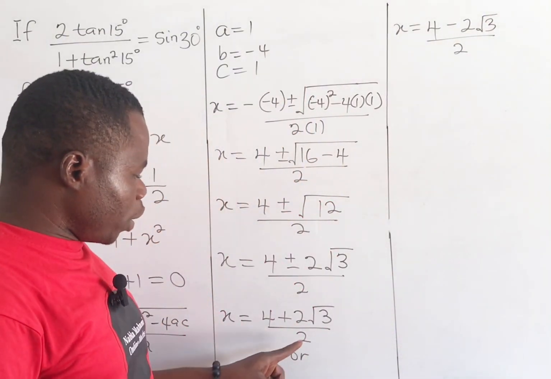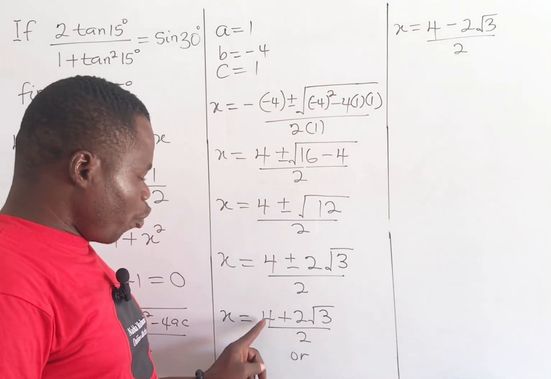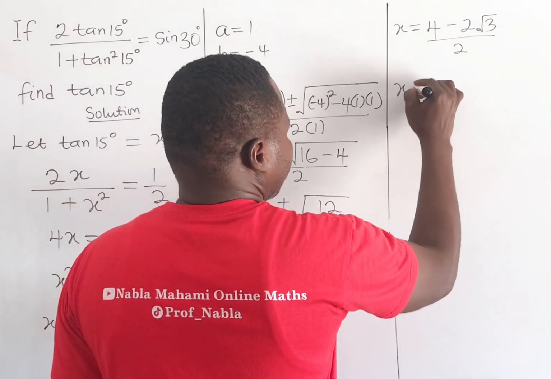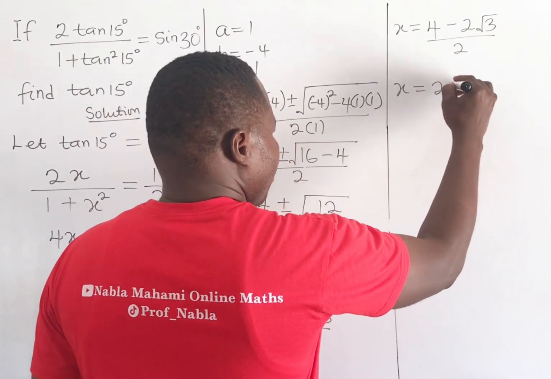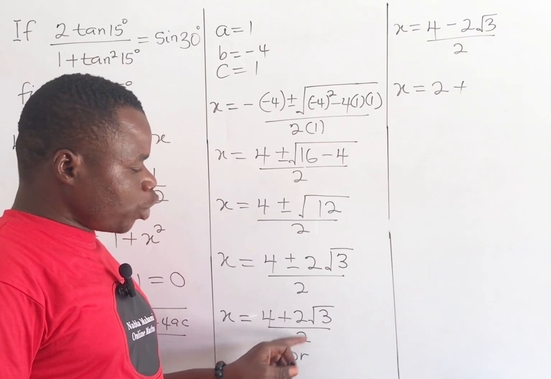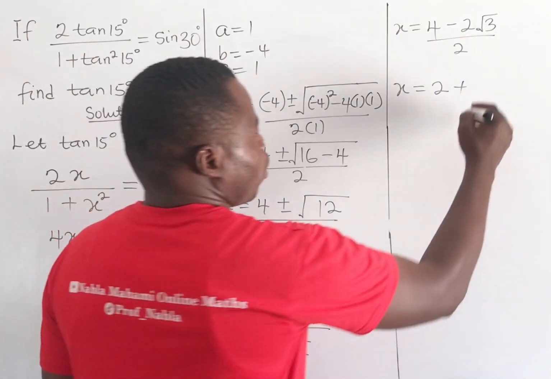So working this, you see that 4 can divide by 2. So 4 divided by 2 is 2. That means that x will be equal to 2 here, plus 2 root 3 divided by 2. You know, this 2 will take away this 2. It will leave only root 3.